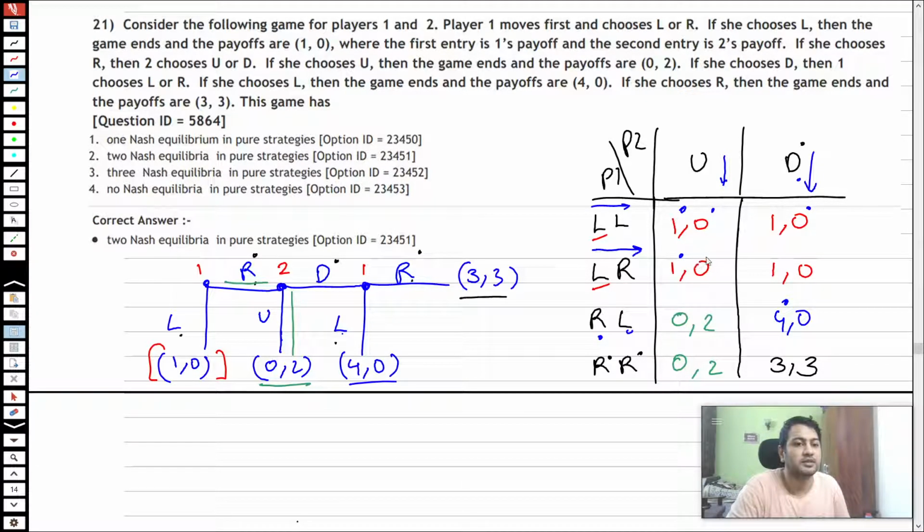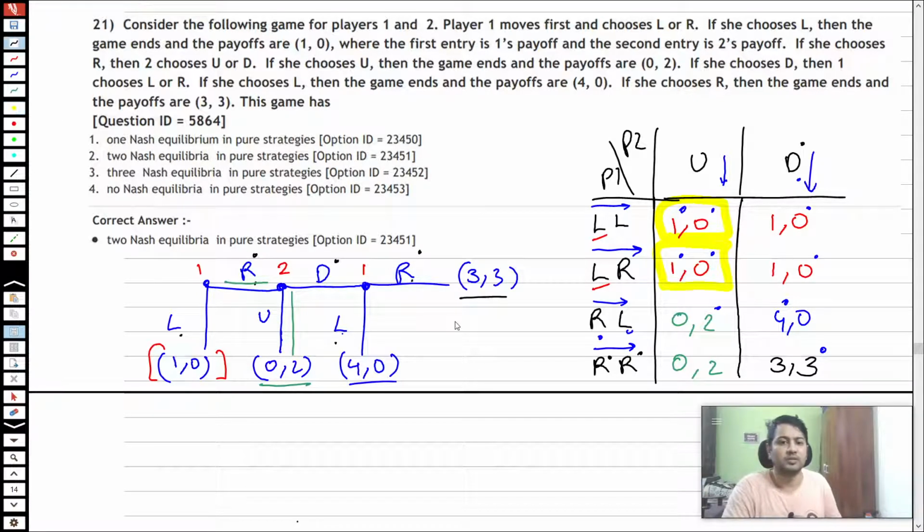If I pick LR, again both of them are best responses. If I put it as RL, then the best response for player 2 is 2, and if I put player 1's strategy as RR, then the best response for the second player is down. As you can see, there are two cells in which both the numbers are highlighted, and so there are two Nash equilibria.